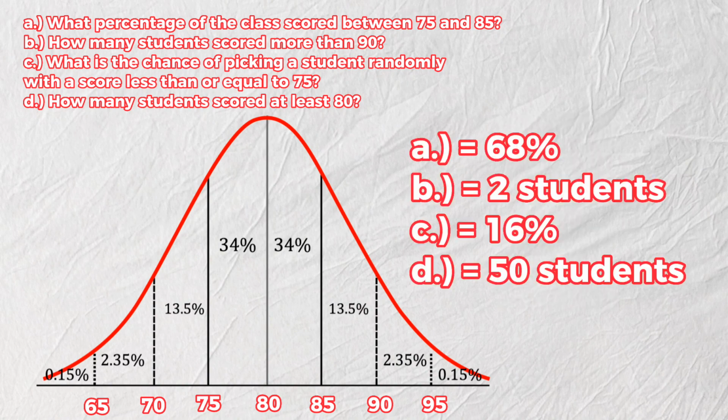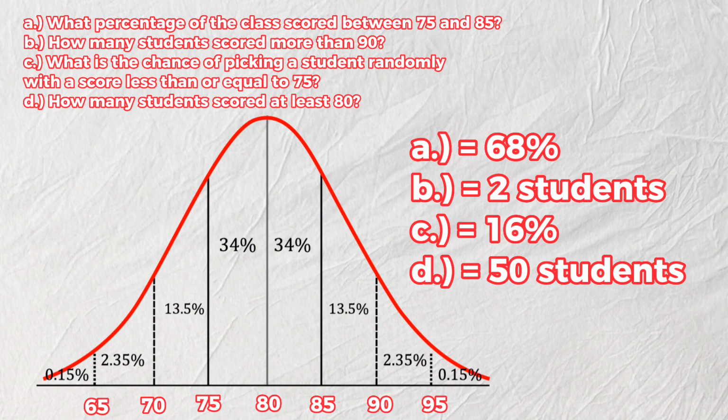Time's up. Here are the answers. For letter A, the answer is 68%. Because the percentage of intervals from 75 to 85 are both 34%. 34 plus 34 is equals to 68. For letter B, 2 students scored more than 90.